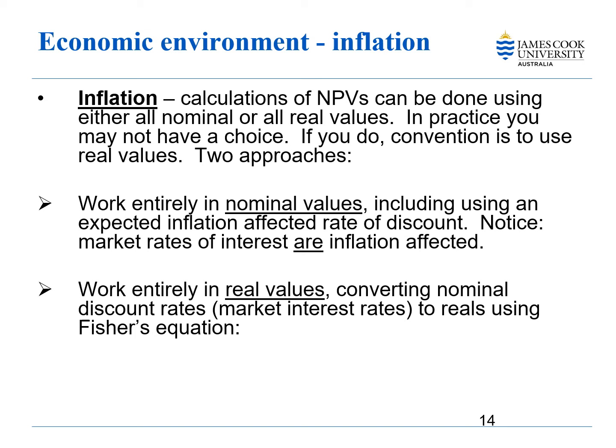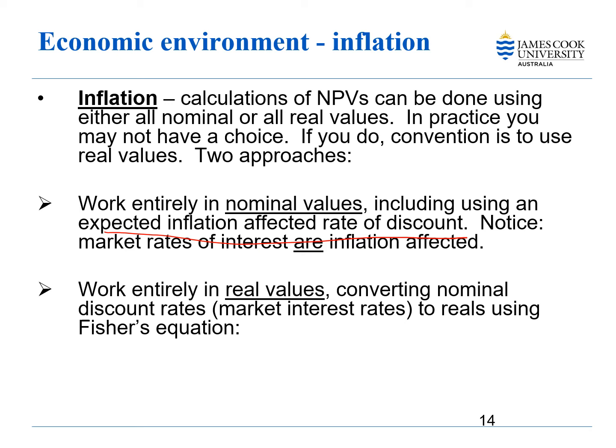In practice, we might not have a choice, but if we do, we usually want to use real values. But more frequently, we are going to have nominal values. So we can work entirely in nominal values, using an expected-inflation-affected discount rate. We can use a nominal discount rate, which captures the inflation in it.